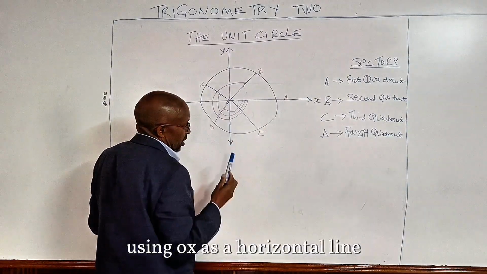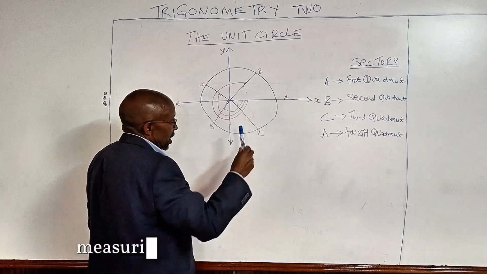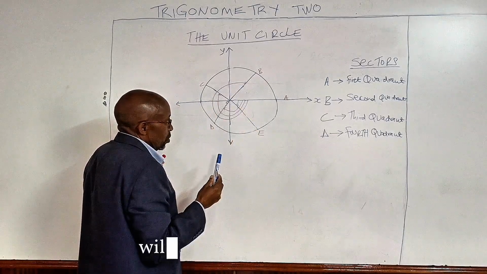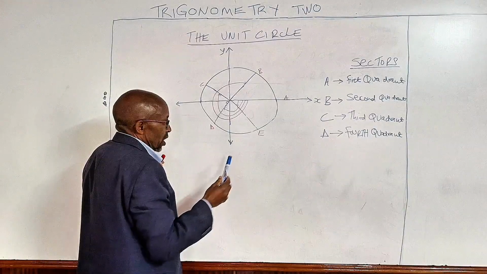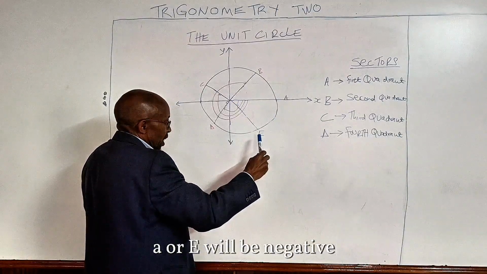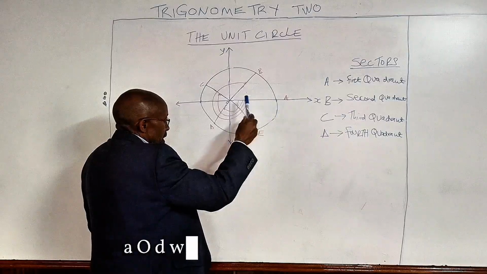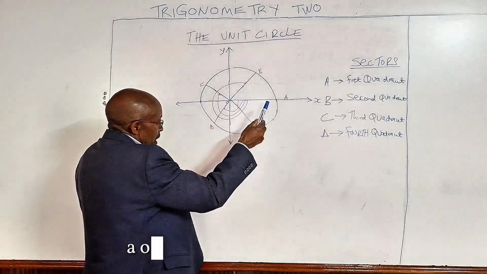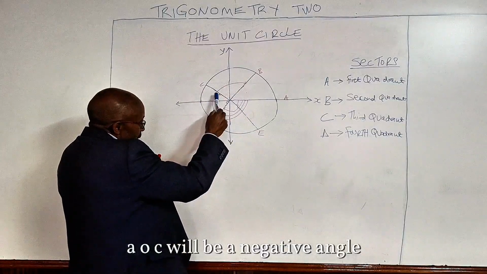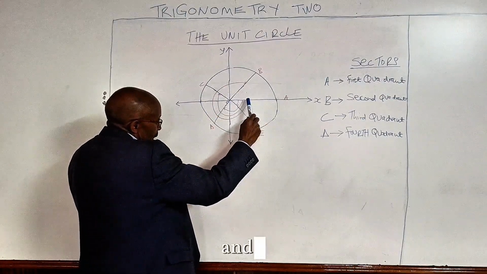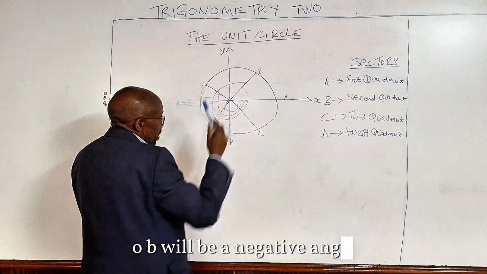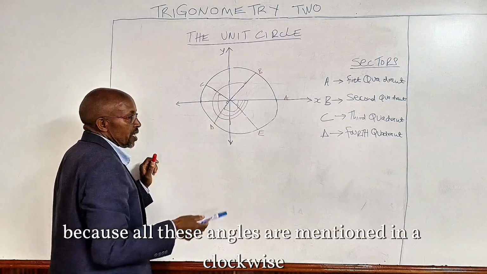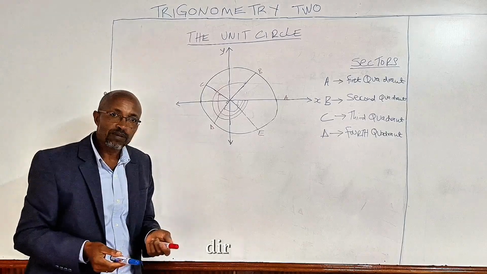Using OX as our horizontal line, measuring angles in clockwise direction will have negative angles. AOE will be negative, AOD will be a negative angle, AOC will be a negative angle, and AOB will be a negative angle because all these angles are measured in a clockwise direction.